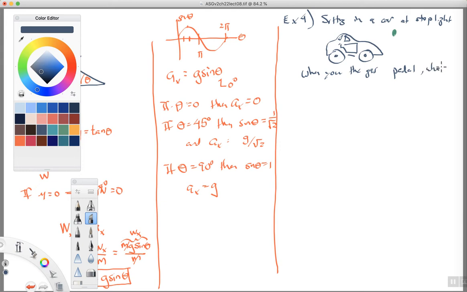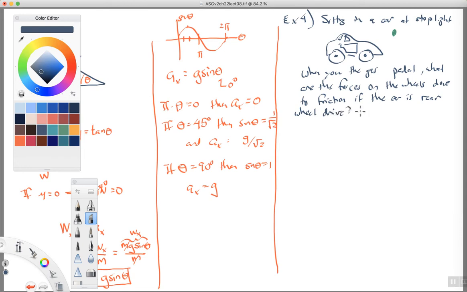what is the force on each wheel, or what are the forces on the wheels due to friction if the car is rear wheel drive?